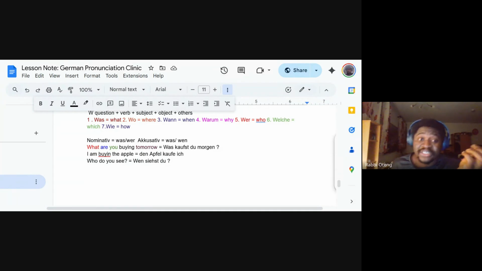That's another twist to it. So the verb comes after you, so you are performing the action. I'm saying it in English so it will help you know who is performing the action.